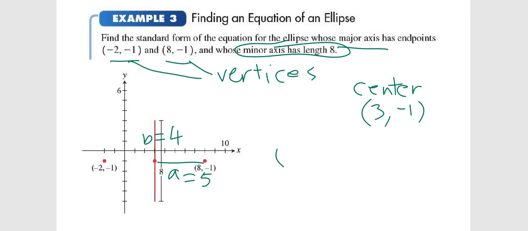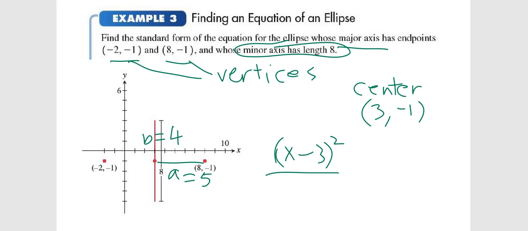Yeah. So, what do you got in this set of parentheses for x? Come on, center, center, center. x minus 3 over a squared.